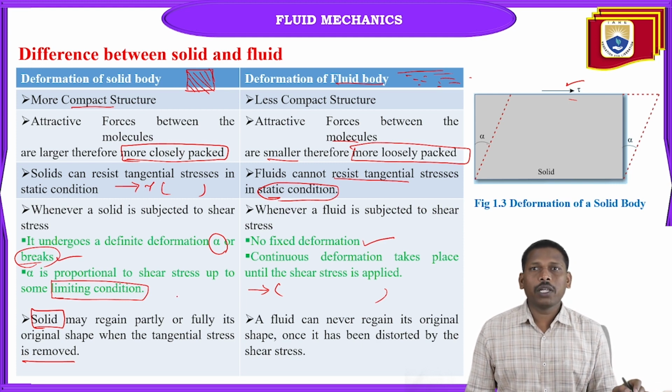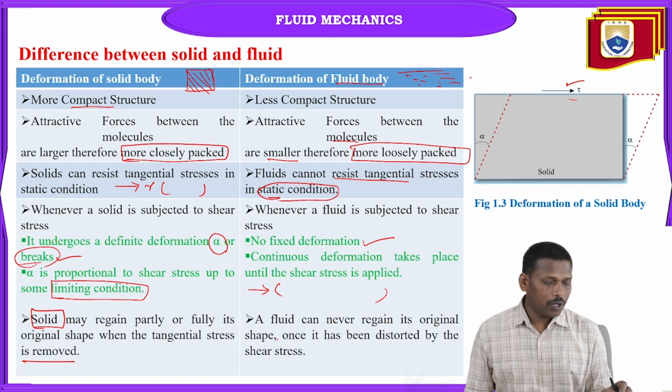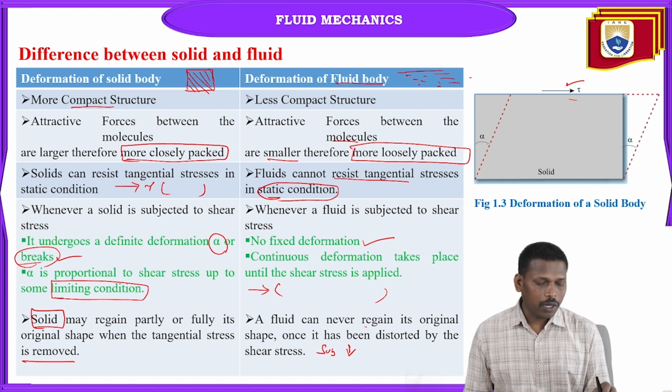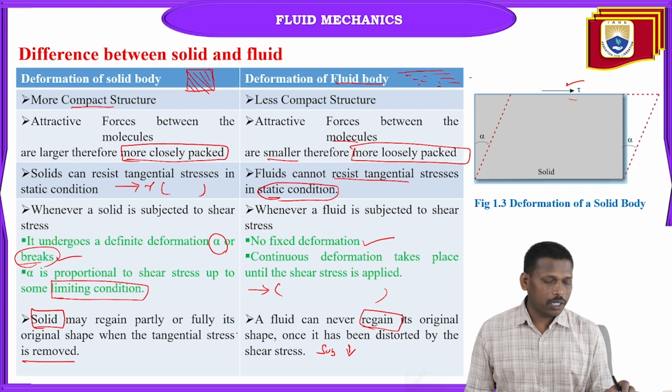Whereas in fluid, the fluid can never regain its original shape once it has been destroyed by the shear stress. Whatever changes happen due to the applied load, from those changes it never regains its original shape in case of fluid.